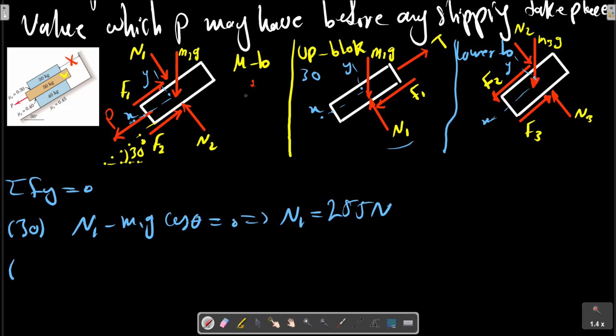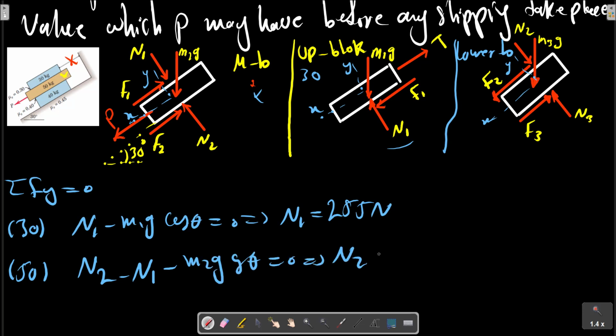We calculate N1 here, so now we can calculate N2 with this diagram for the 50 kilogram block: N2 minus N1 minus M2G cosine theta equals 0.